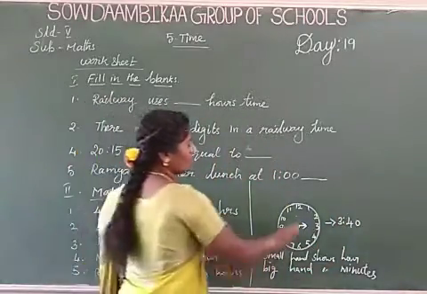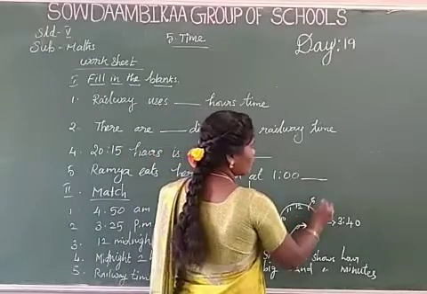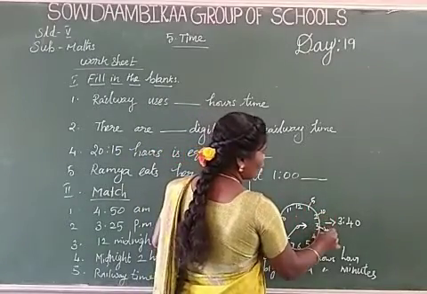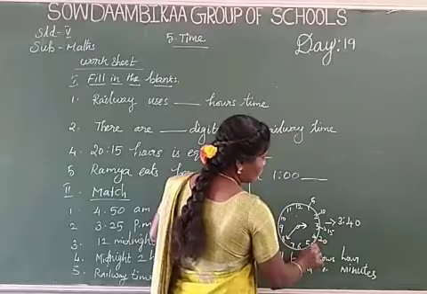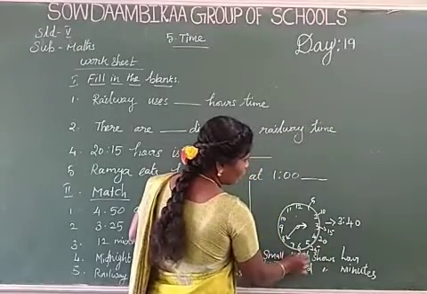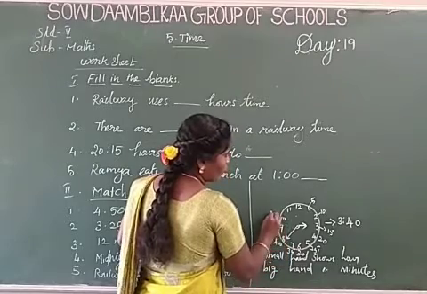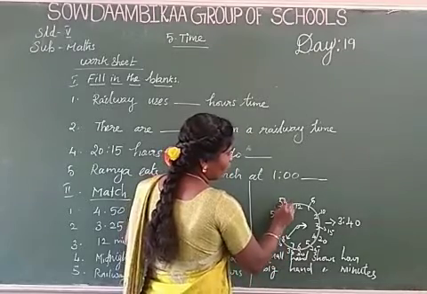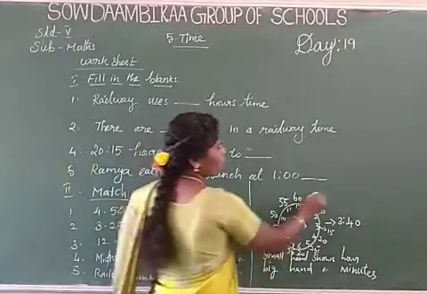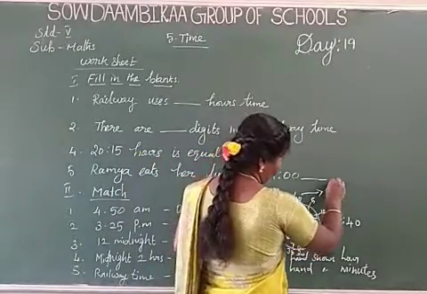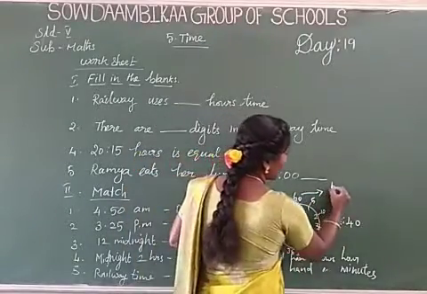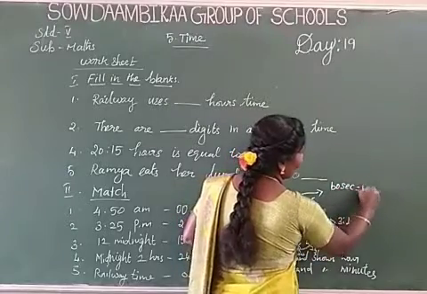This is 5 minutes, 10 minutes, 15 minutes, 20 minutes, 25, 30, 35, 40, 45, 50, 55, 60. So 60 seconds is equal to 1 minute.